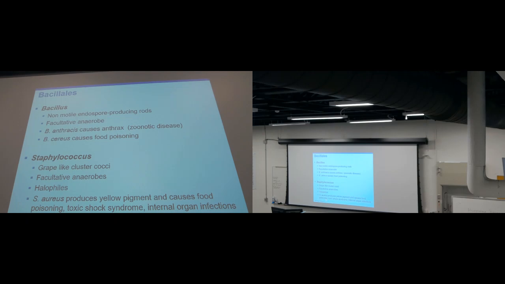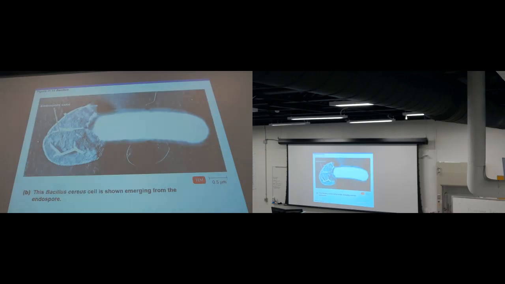And when it contaminates food, it can produce food poisoning, toxic shock syndrome, and infection of internal organs like the heart, like our bone marrow. Okay, so this bacteria produces serious infections and intoxication.